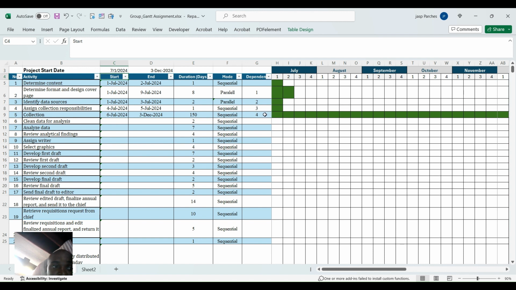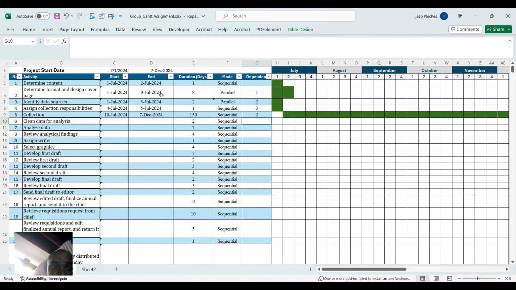Let us say that it was supposed to be hinged on the second activity. So let's adjust this number here, the dependency. Good. You take note, it now shifts to the end of the second activity, and the end of that second activity would have been the 9th of July, which is sequential in nature.